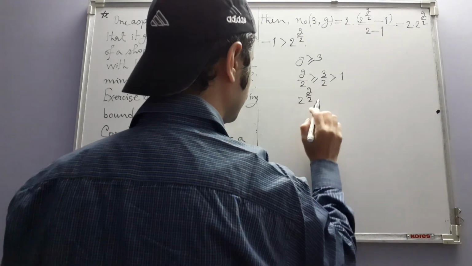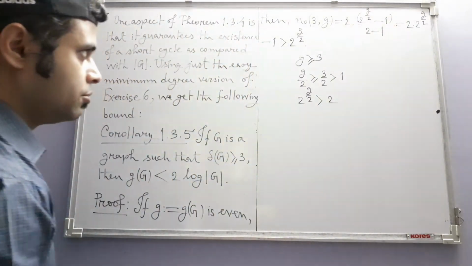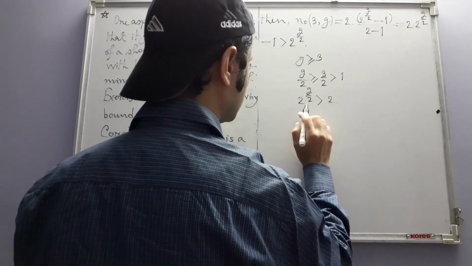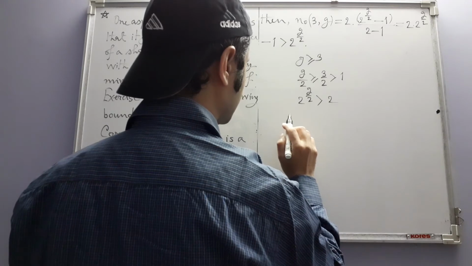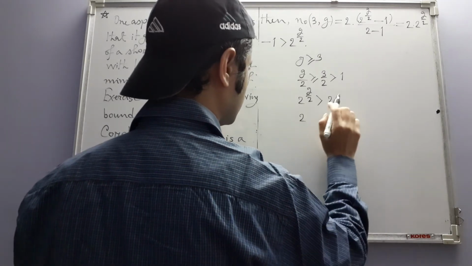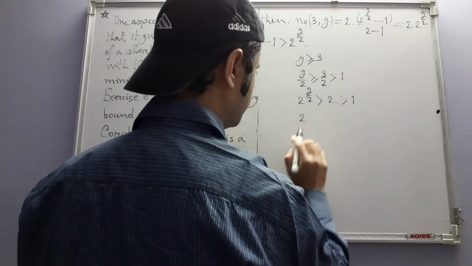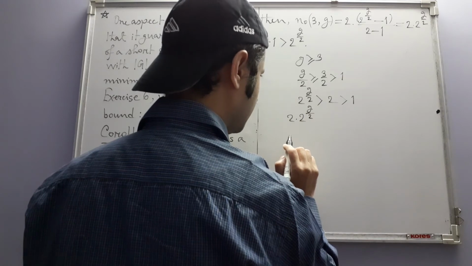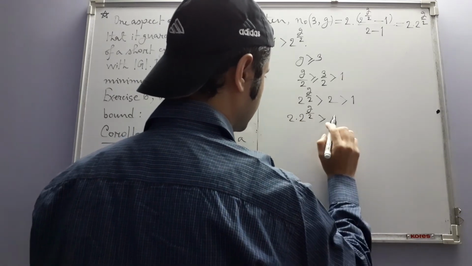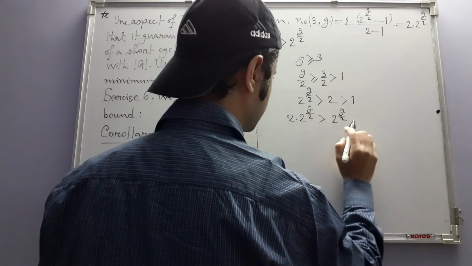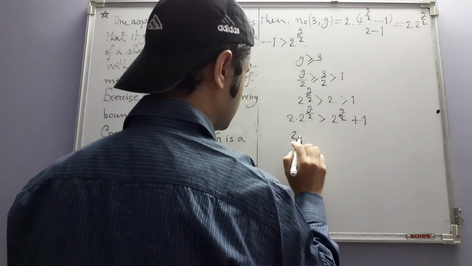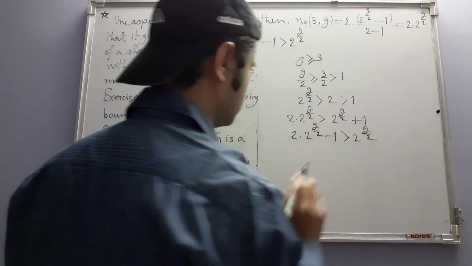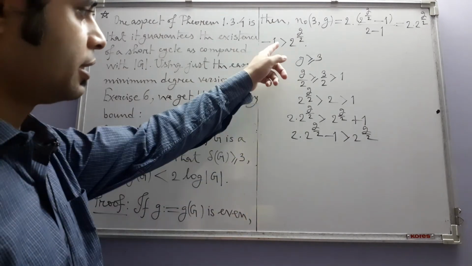So 2 to the power g by 2 is greater than 2 to the power 1, which is greater than 1. So 2 times 2 to the power g by 2 is greater than 2 to the power g by 2 plus 1. In other words, we have this. So that's how we are getting this inequality.